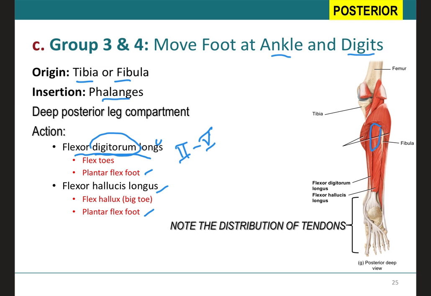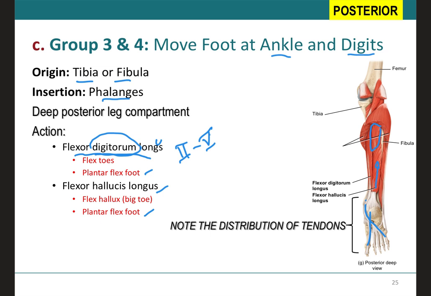So when they pull in this direction, they will plantar flex at the ankle, and notice how the tendons of the flexor digitorum longus and the flexor hallucis longus are going all the way to the phalanges, therefore they will also flex the toes and the hallux.